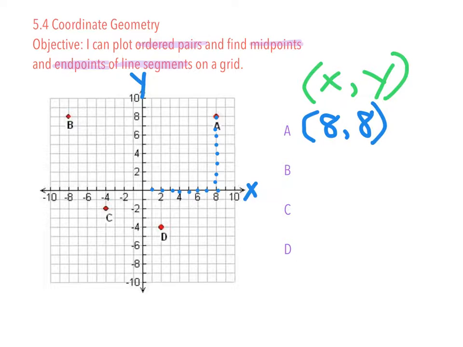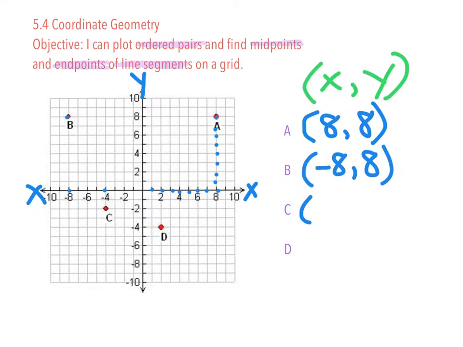We're going to look at coordinate B now. Coordinate B, doing our x first, so I can even look. I don't have to go count every time, but I can see that it's at -8. And then I can also see that I go up, y is +8. All right, now looking at coordinate C, again I can see my x-axis, that's my horizontal axis, is going into the negatives.